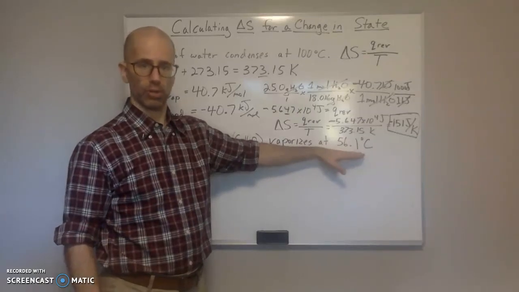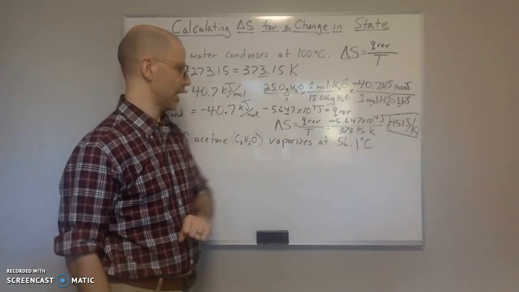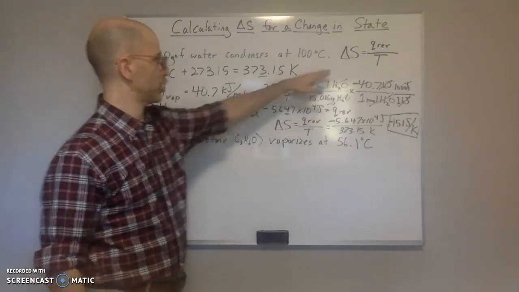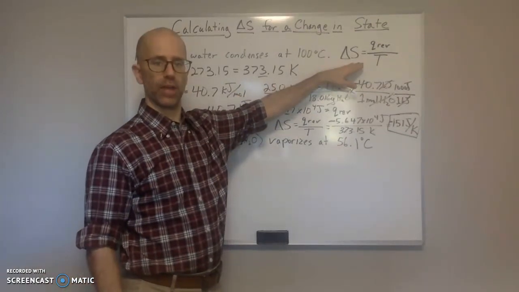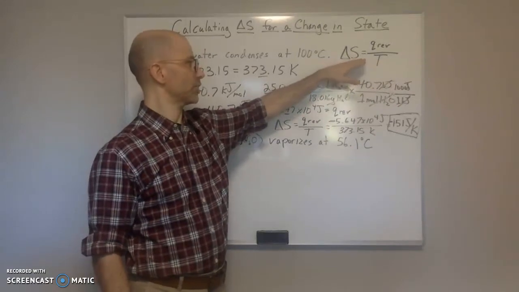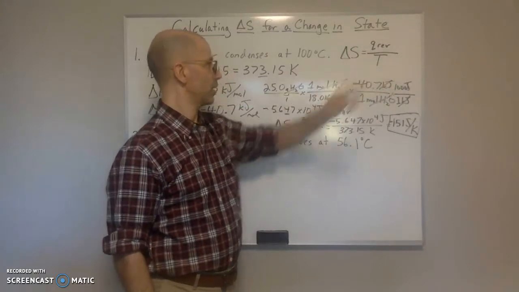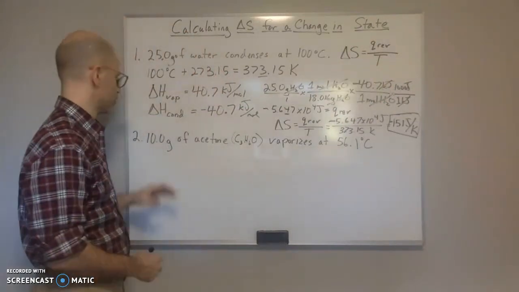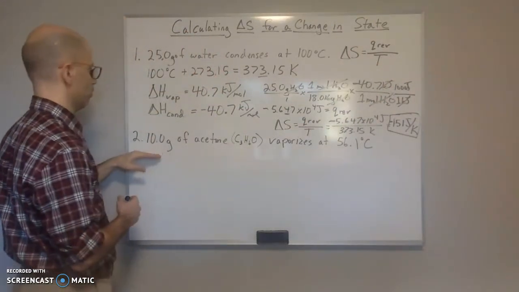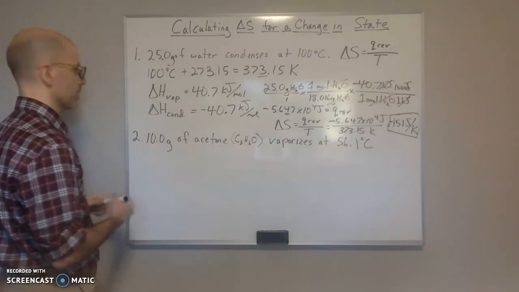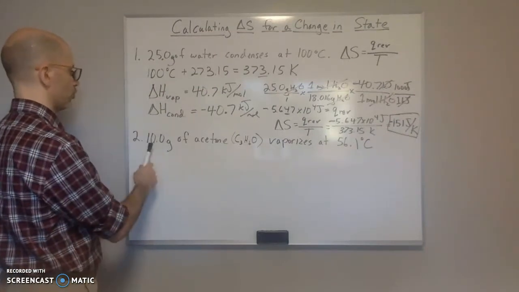So we're at an equilibrium temperature. The temperature is not going to change. So we can again use this equation: the change in entropy is equal to the heat of the reversible reaction divided by the temperature in Kelvin.